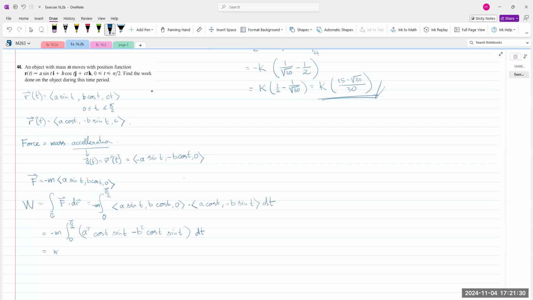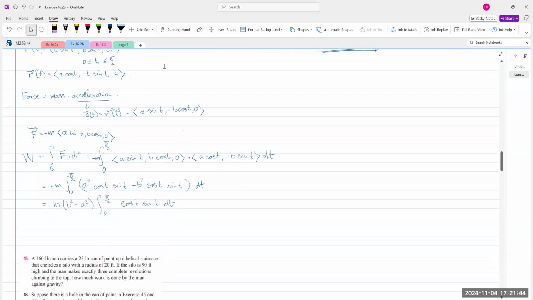So this is m times b squared minus a squared integral 0 to pi over 2 of cosine t sine t dt, which is half of double angle. So this is m over 2, the mass over 2, b squared minus a squared integral from 0 to pi over 2 of sine 2t dt.